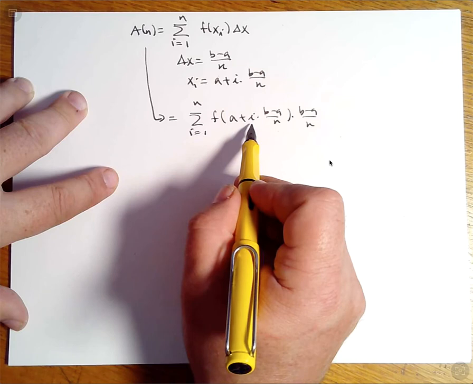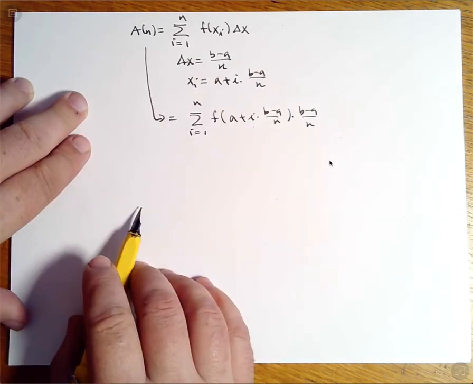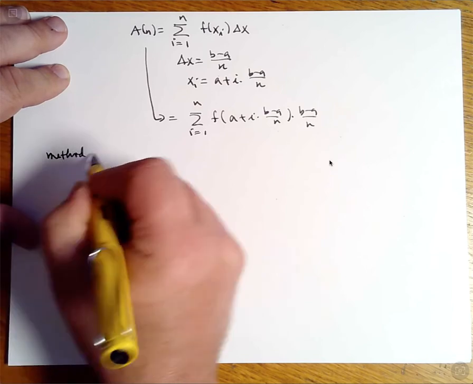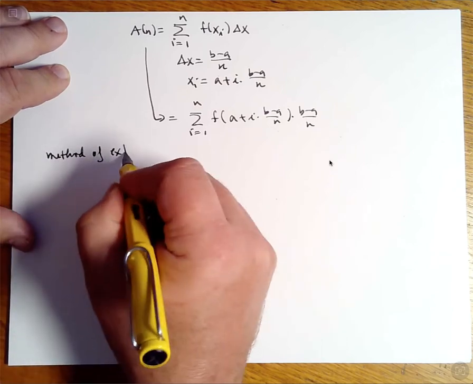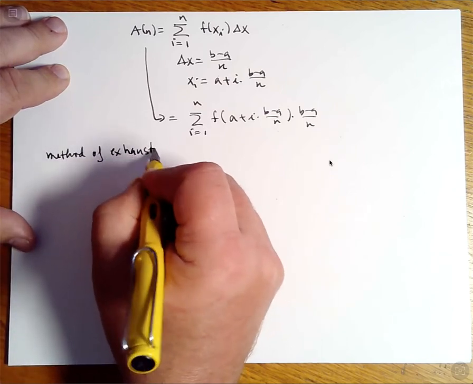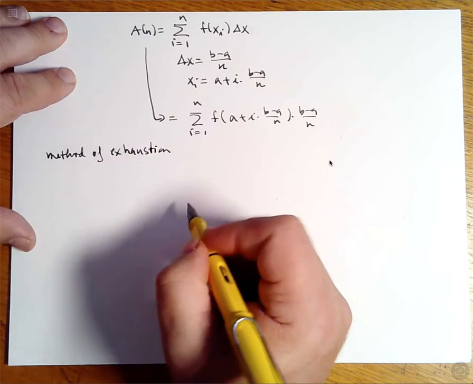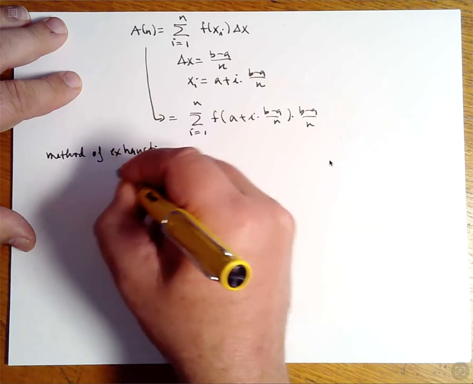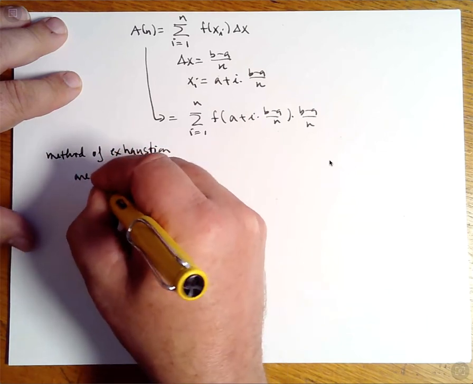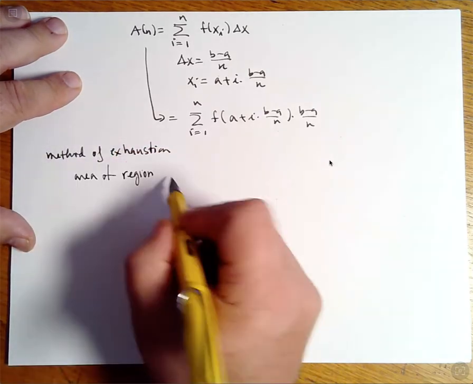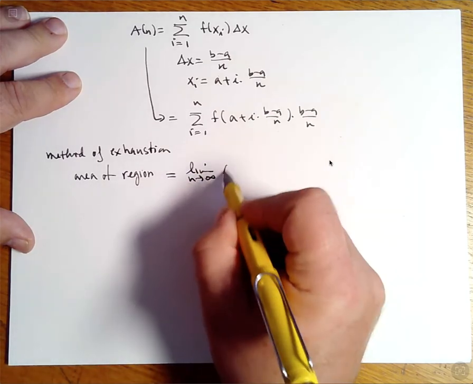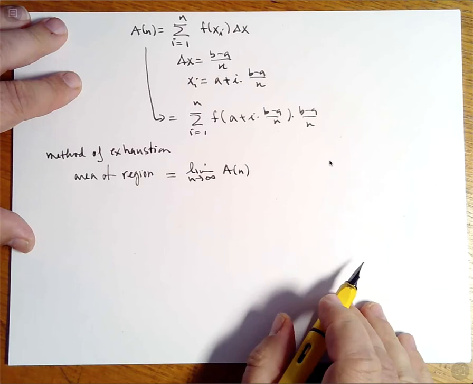Then here's what the method of exhaustion is. The method of exhaustion says, let the number of rectangles increase without bound. And then the area of the region is going to equal the limit as n goes to infinity of those areas.